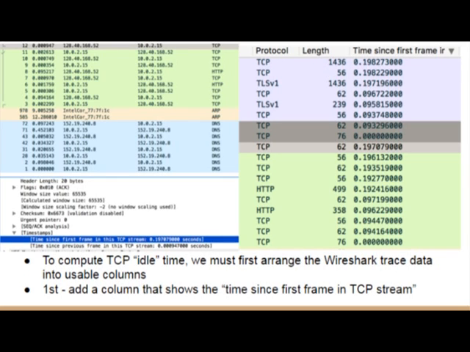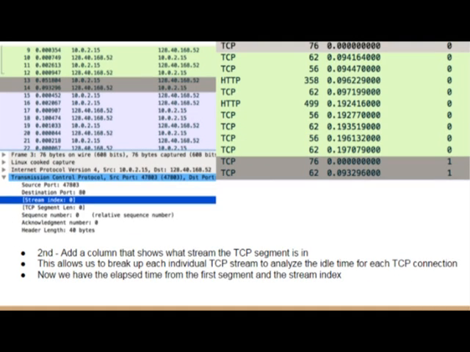I made that a column, and next there's also a data field called stream index, which I made a column, and combining both of these allowed me to separate each TCP connection as its own block of trace data, and the time since first frame allowed me to see how much time had elapsed for each TCP segment in a specific connection.